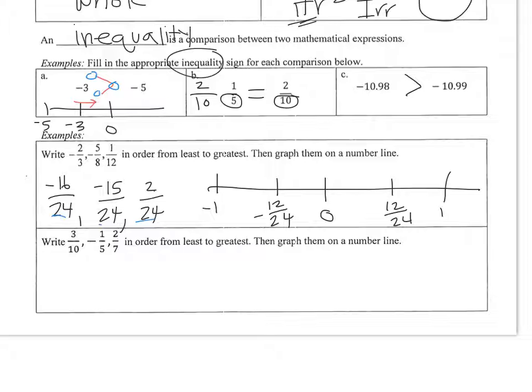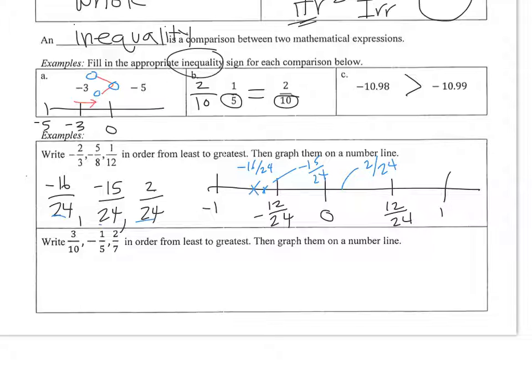So then I could graph -16/24 over here, and -15/24 right there, and then 2/24 right here.